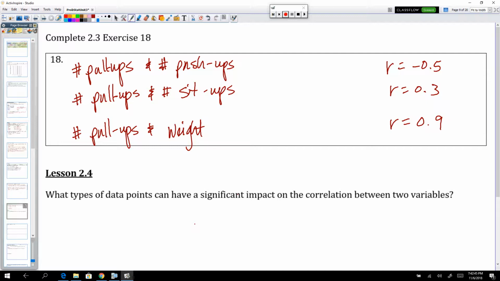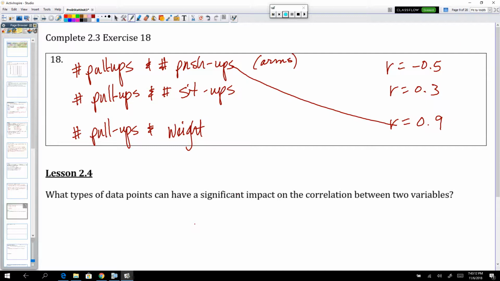Is that a negative correlation, a positive correlation? It's probably a positive correlation. And if we were to compare that with the others, pull-ups and push-ups, pull-ups and sit-ups, since pull-ups and push-ups both exercise the arms, the book explains, well, that would mean that there's a strong correlation.